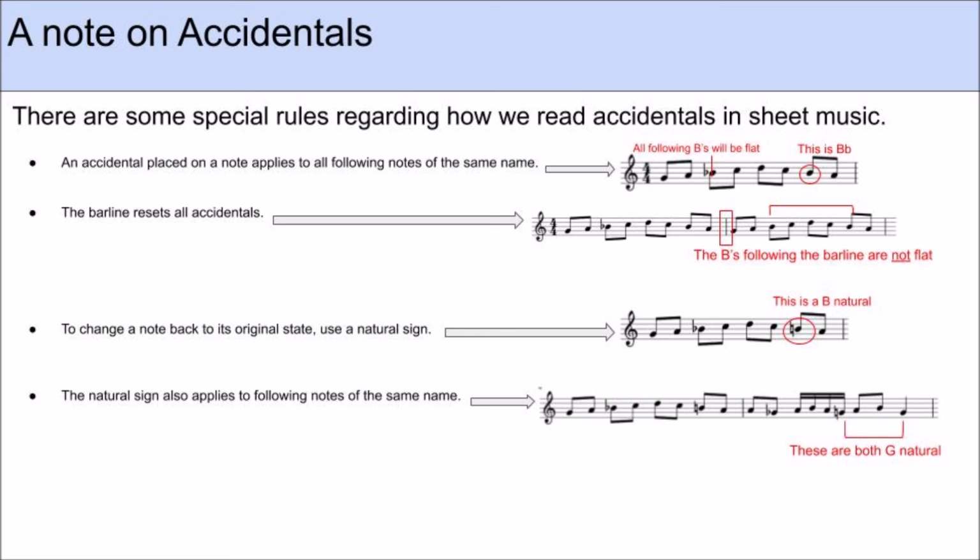So here we have a continuation where two measures are placed. In the first measure, you have a B flat, and then a B natural on beat 4. And on the second measure, you have a G flat, and then a G natural.